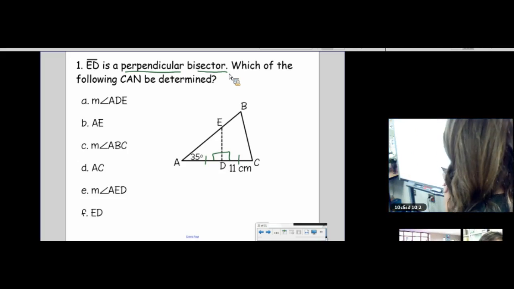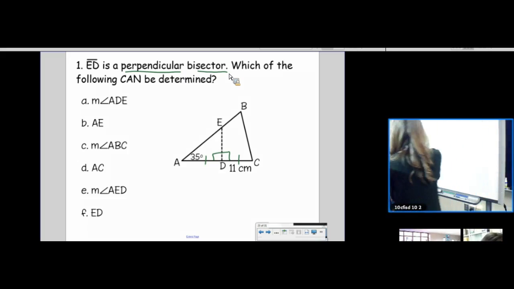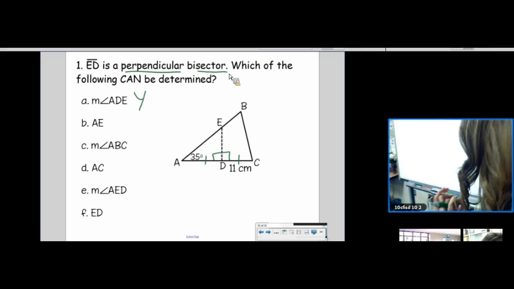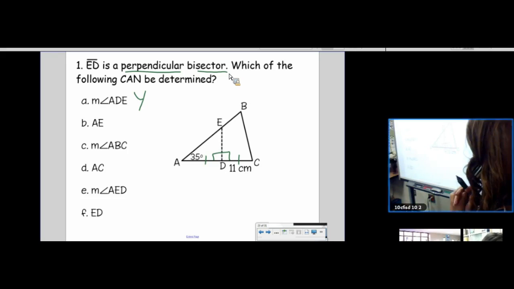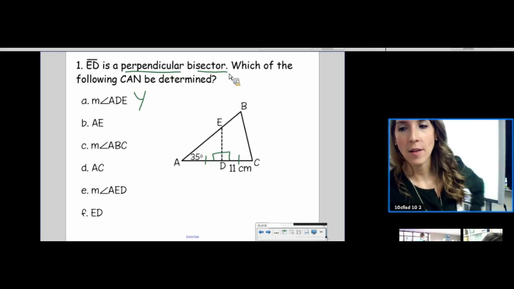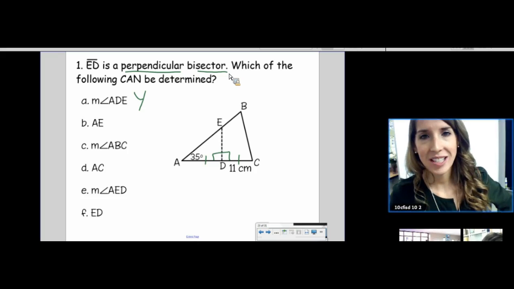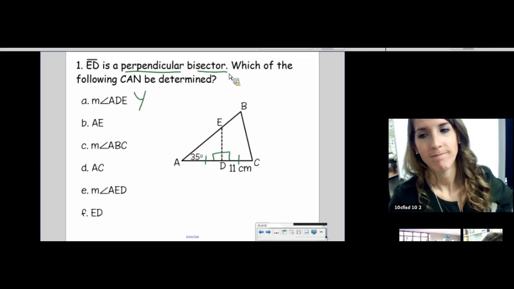Okay? A, D, E. Could we find it? Yes, sir. Yes, ma'am. It's 90. AE. Could we determine AE? Does a perpendicular bisector cut AB in half or just AC in half? Right.